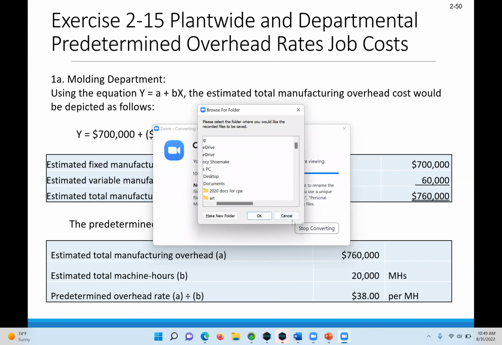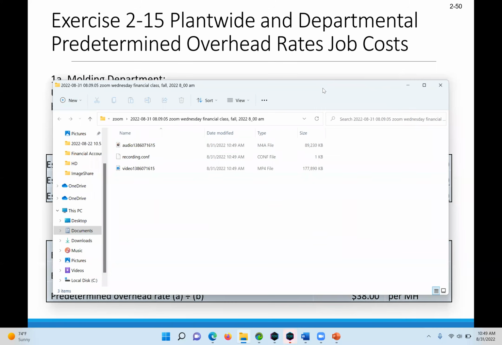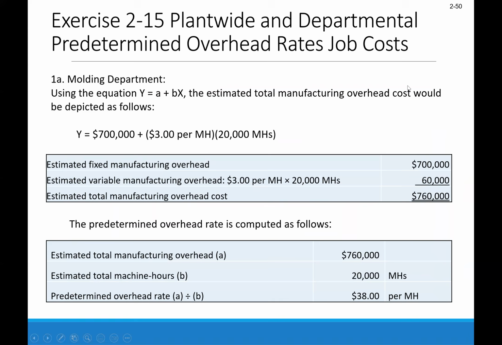Okay. In the fabrication department, we've got our estimated fixed plus our estimated variable, $1 per machine hour at 30,000 estimated machine hours. 240,000, divided by our estimated machine hours to come up with $8 per machine hour.